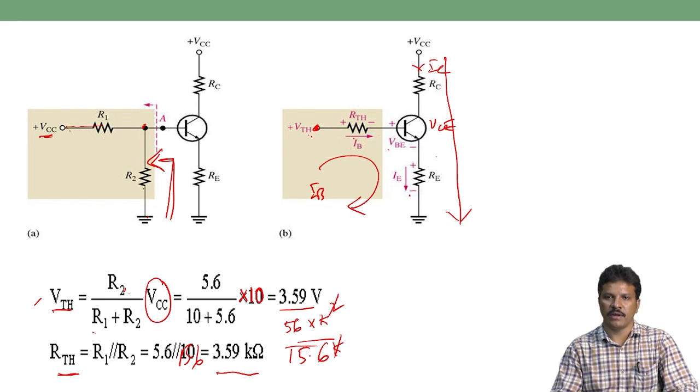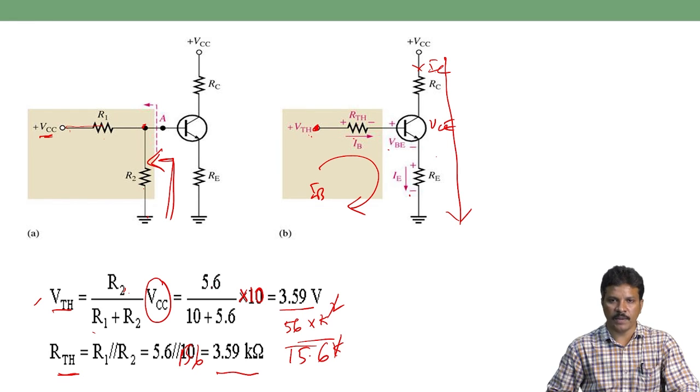So we want the circuit to be independent of beta. This voltage divider bias network is independent of beta.